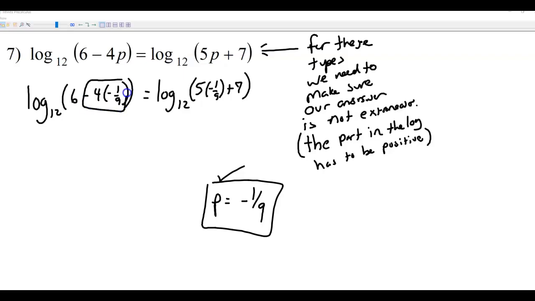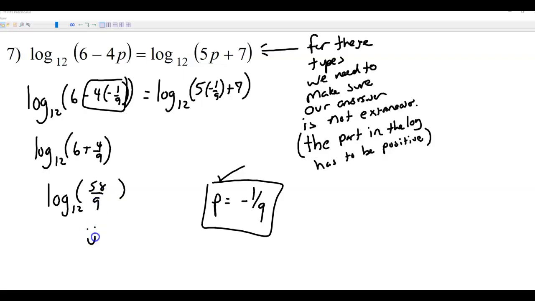So for instance, if I multiply these together, I get 6 plus 4/9. Now, you can add those and get a common denominator if you want to, but you can already tell that this is not going to be a negative number. So this is a good thing.